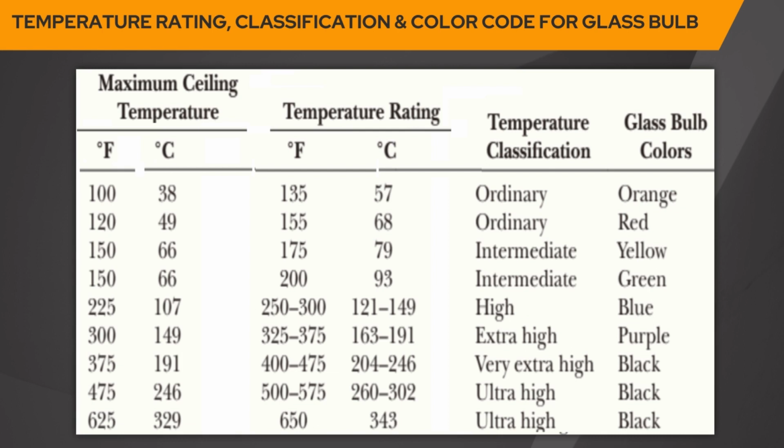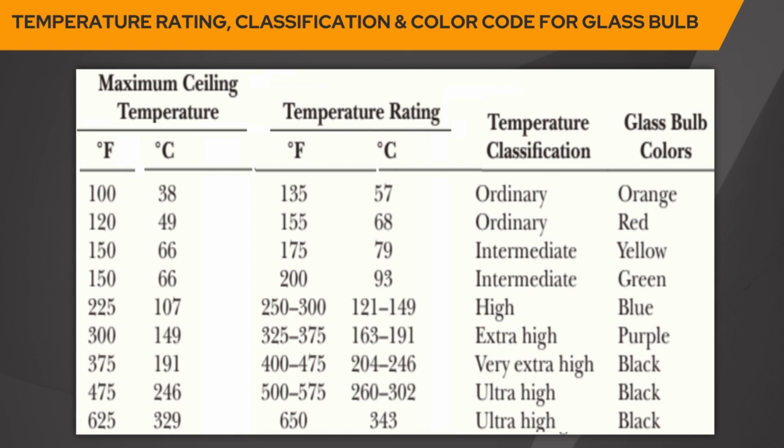If the maximum ceiling temperature is 66 degrees centigrade, the temperature rating shall be 79 degrees centigrade, the temperature classification is intermediate, and the color of the bulb shall be green. If the maximum ceiling temperature is 66 degrees centigrade and the temperature rating is 93 degrees centigrade, then it is intermediate and the color of the bulb is green.